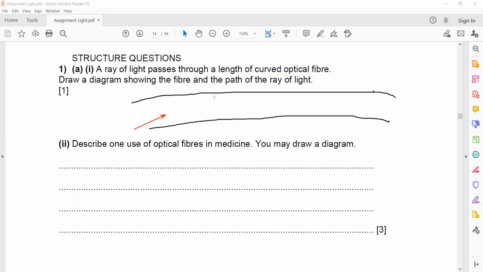So when the light strikes and this angle is more than the critical angle, light should go out because it's a transparent material, but light will not go out, it will reflect back in the same medium. When it strikes again, the angle of incidence is more than the critical angle, so it will undergo total internal reflection. This is fiber optic or optical fiber.